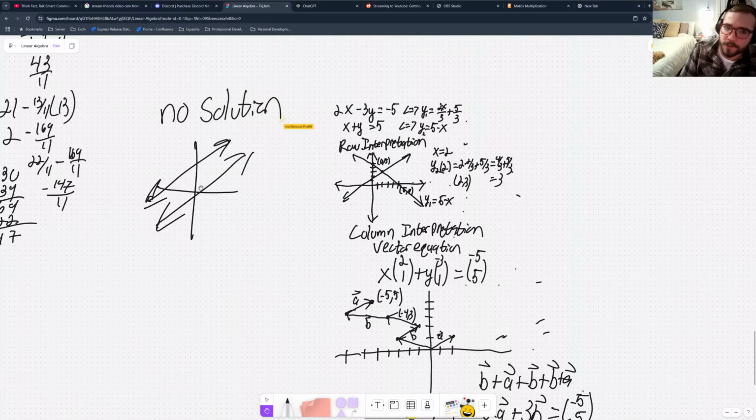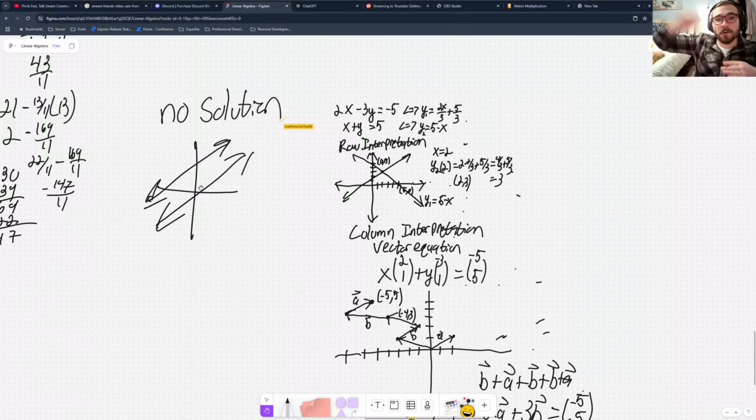In the column interpretation, that would just mean we have two vectors that only take us in one direction. Like maybe we have a vector 2, 1, and then we have a vector 4, 2. We can get to the same place with 1 of 4, 2 as we can with 2 of 2, 1. And that would be fine if our constant, the negative 5, 5, was on that line.